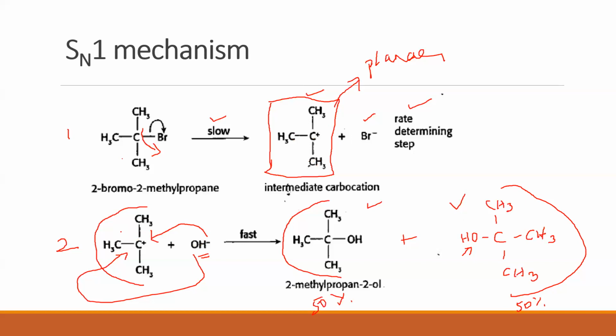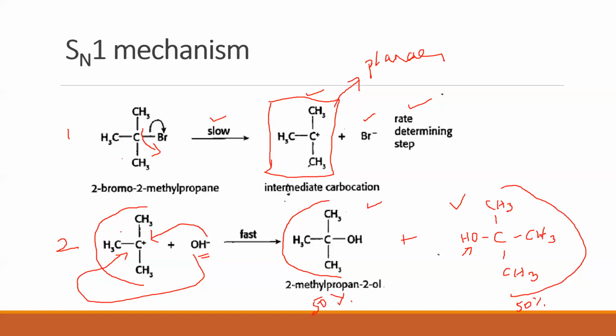Because the attack can happen at both the front side as well as the back side with equal measure, 50-50%, you get 50% of the retained product and 50% of the inverted product. So you get a mixture here. Clear? Is it clear now? Is the confusion clear? All right, super.